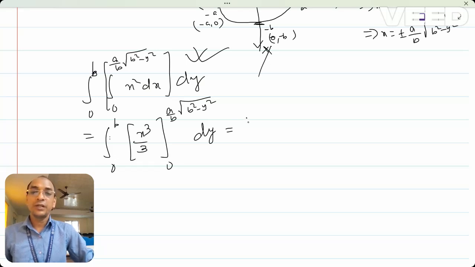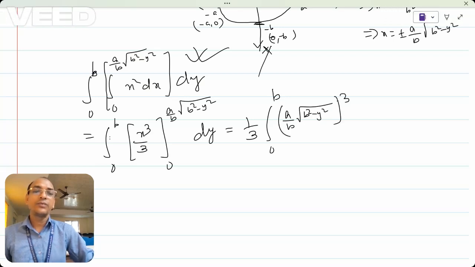So 1 by 3 is constant, I can take it out. 0 to b, and then I will write here a by b root over of b square minus y square whole cube dy. The lower limit is 0, no need to write the lower limit.